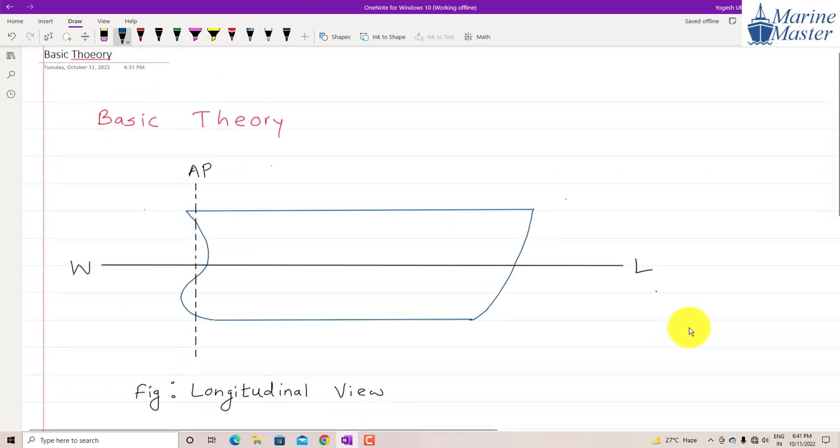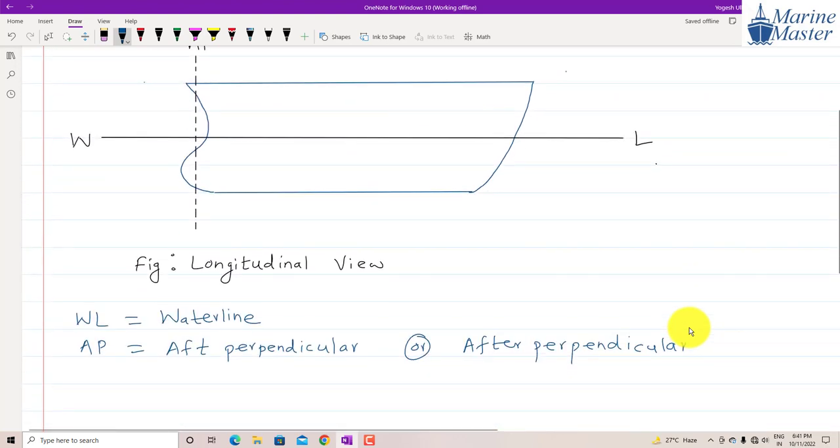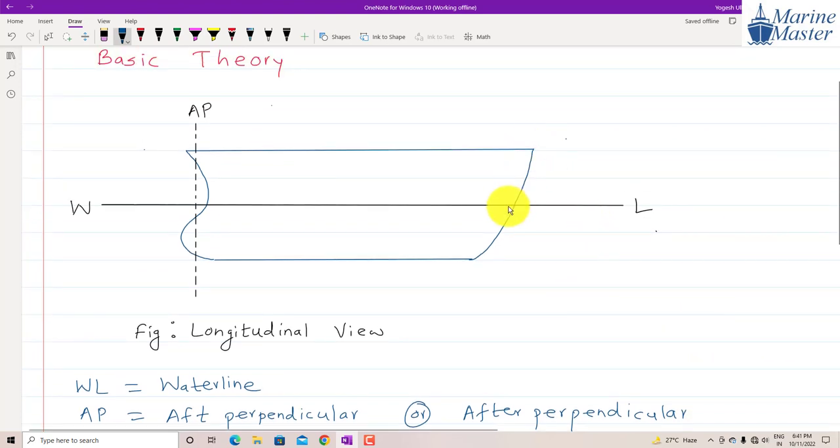Then after AP, try to understand the scenario. This is the forward portion of the ship, and this is the water line. Then observe the line which passes through this forward portion of the ship.